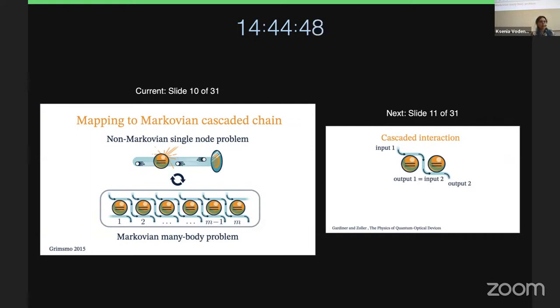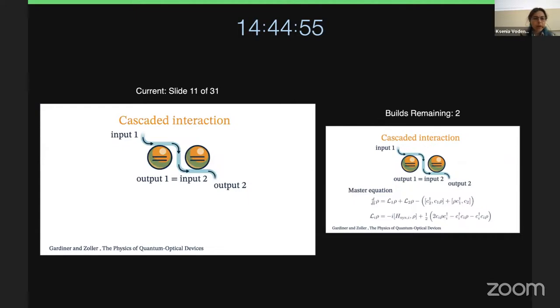Specifically, this is a cascaded 1D chain. What is a cascaded interaction? Let's look at the example of just two atoms. When the output of the first atom becomes the input of the second atom, we're dealing with a cascaded interaction.